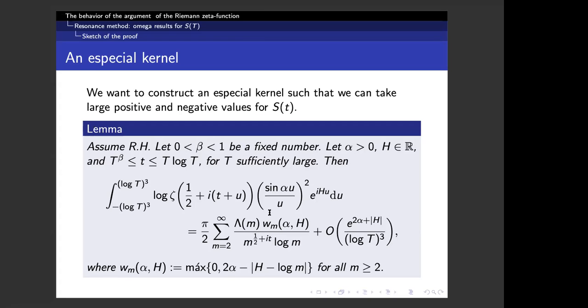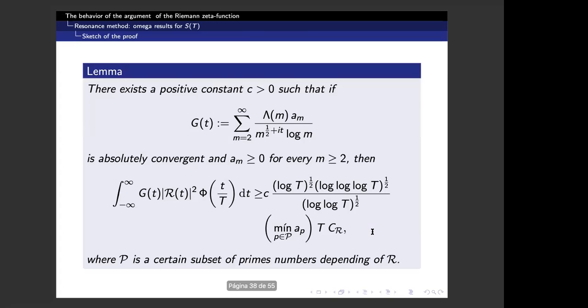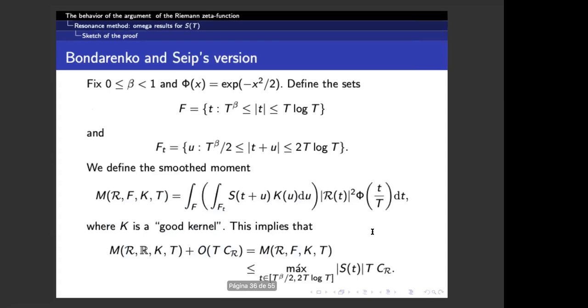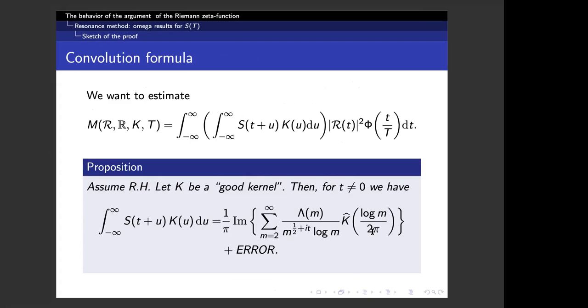This is similar to a proposition that I mentioned before. This integral over log of zeta in this point, multiplied by this kernel here, is this series plus an error term. You can see that it's similar to Selberg and Sun.